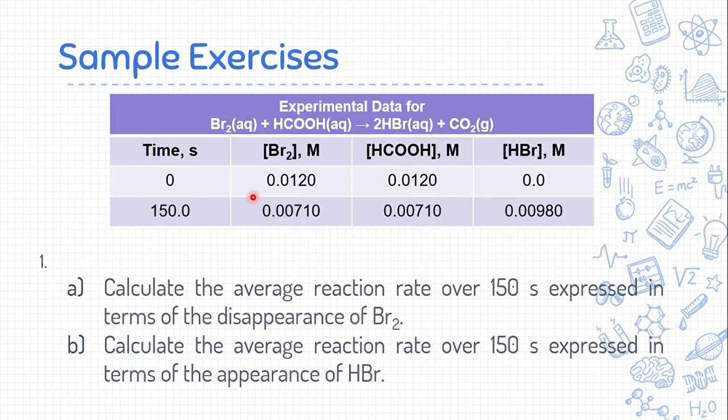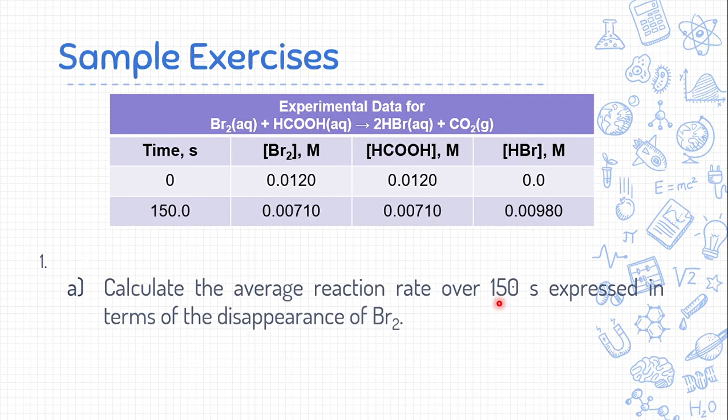We were also given the initial and final concentrations of our reactants, bromine and methanoic acid, as well as one of the products, hydrogen bromide. For the question, we are asked to calculate the average reaction rate over 152 seconds expressed in terms of the disappearance of bromine, and for B, still the reaction rate over 152 seconds, but calculated in terms of the appearance of the product hydrogen bromide.